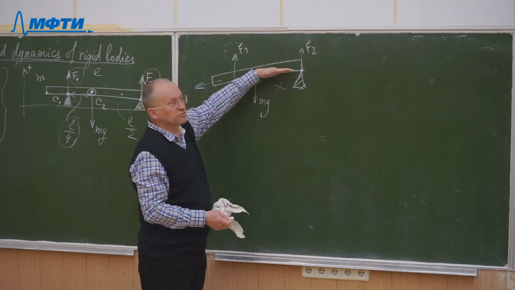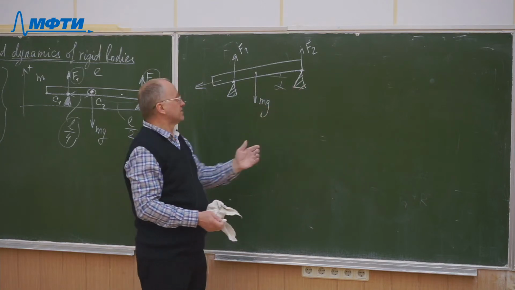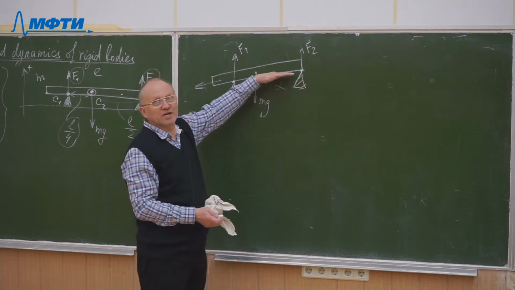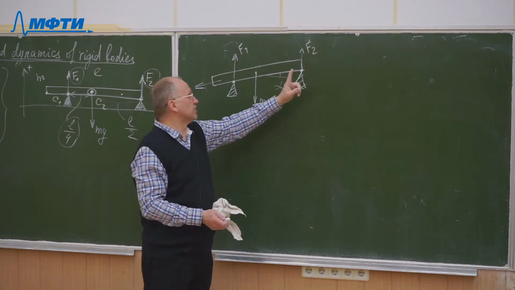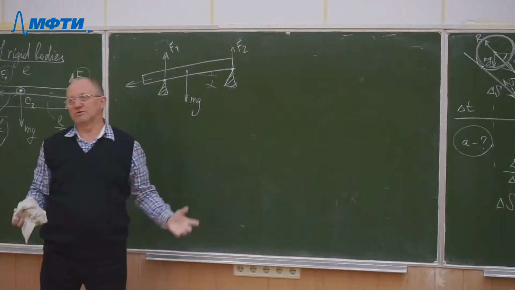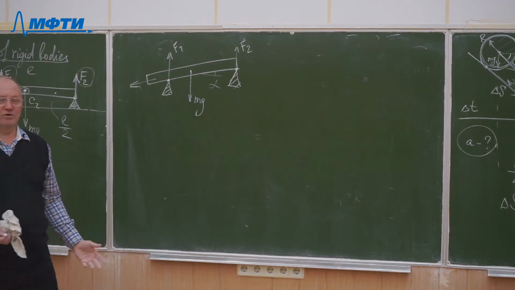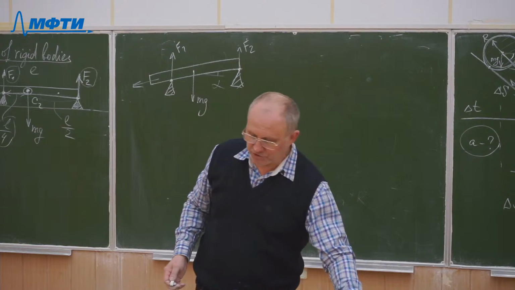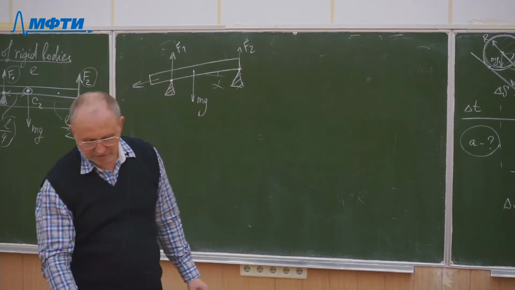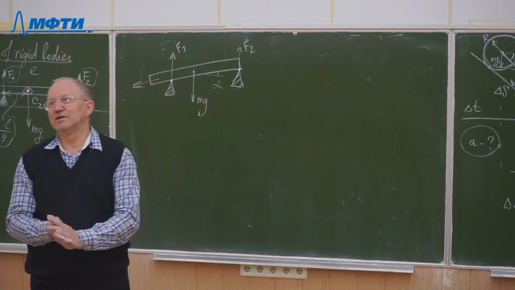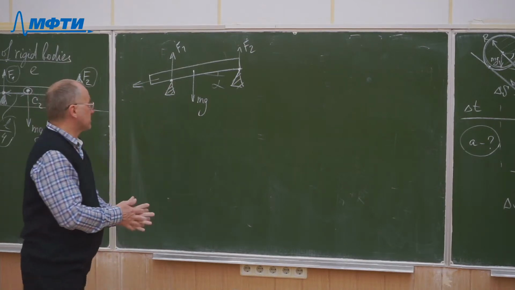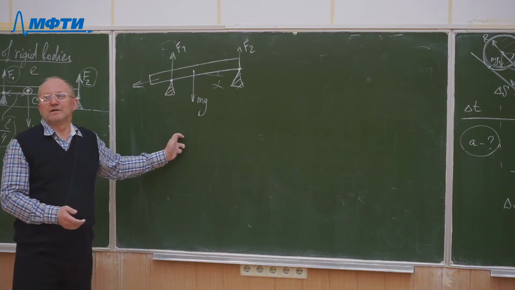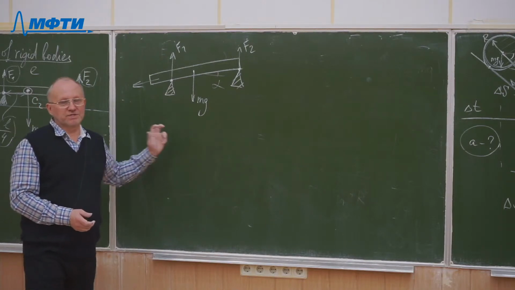If you put this bar on the same supports once, then a second time, then a third time, and many, many times, each time you measure these forces, they will turn out to be different. The result will not coincide with previous measurements. Each new test or experiment will give you a different result, because this problem is indeterminate. There is not enough data to solve such a problem.